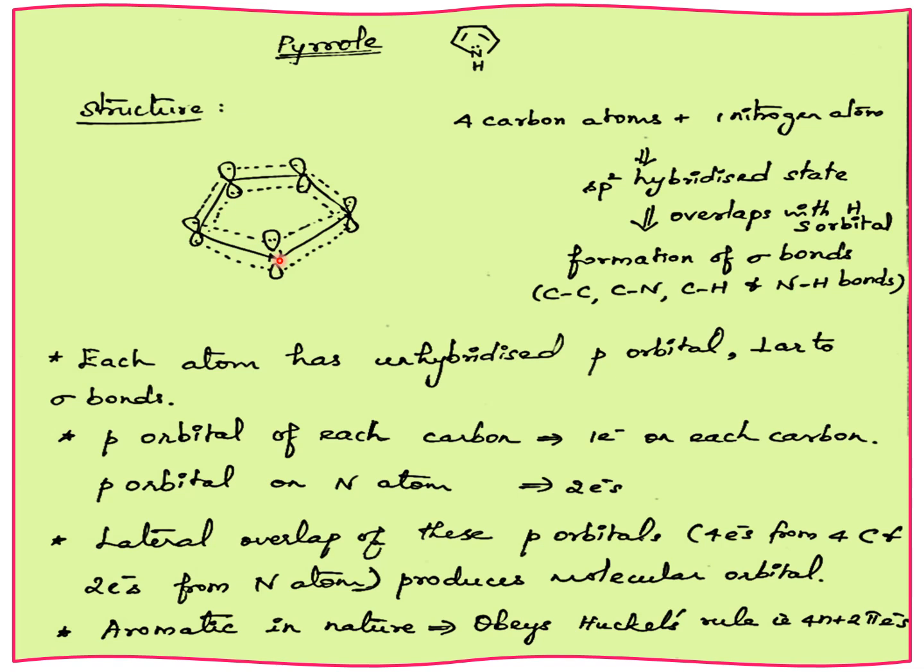It obeys Huckel's rule. The structure is found to be planar, cyclic, and also there is a complete delocalization of pi electrons inside the ring. The lone pair of electrons is involved in the delocalization of pi electrons. So this is regarding the structure of pyrrole.